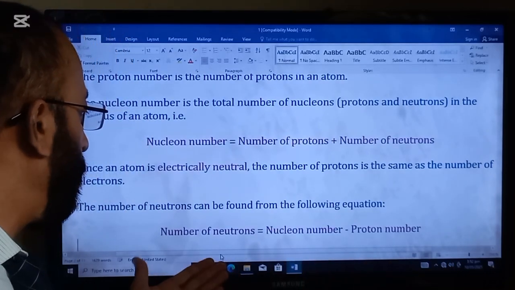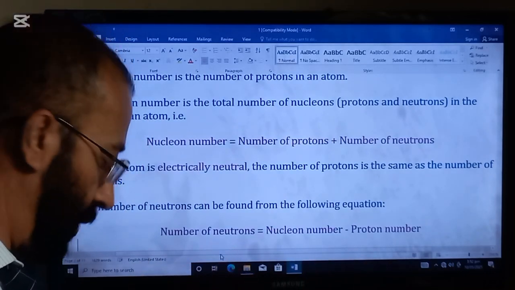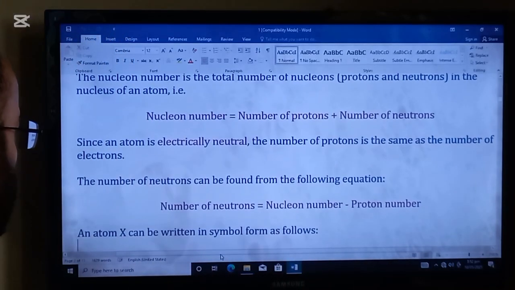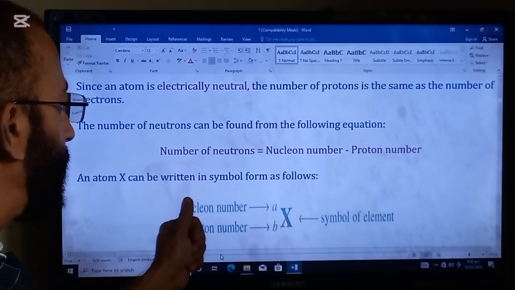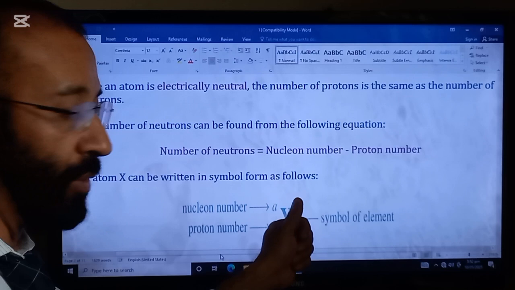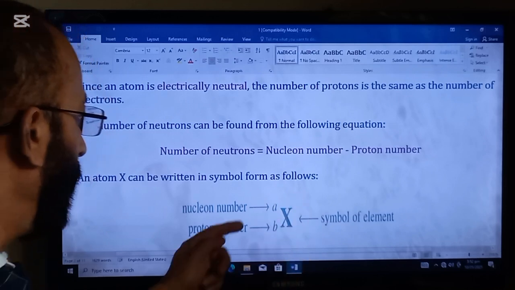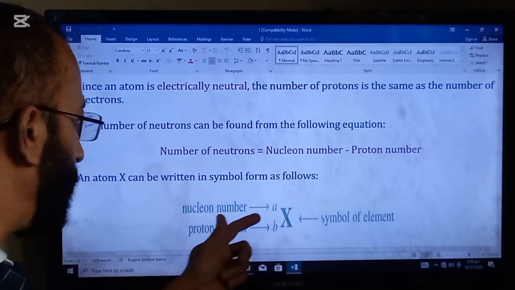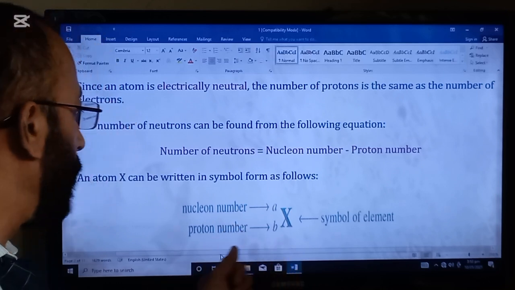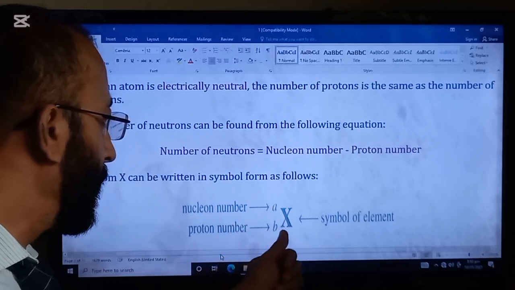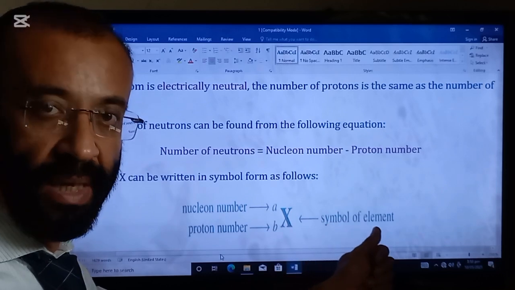This is the formula for finding the number of the neutrons. An atom X can be written in symbol form as follows. The top number is called nucleon number, and the bottom number is called proton number, and this is the symbol of the element.